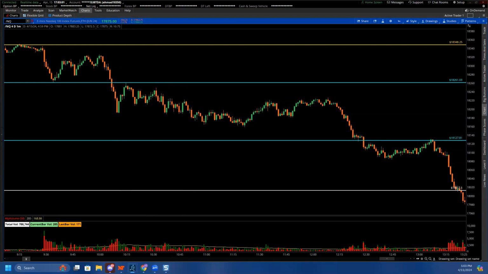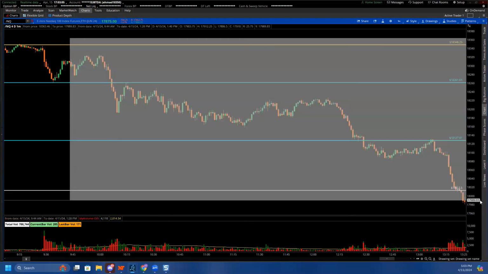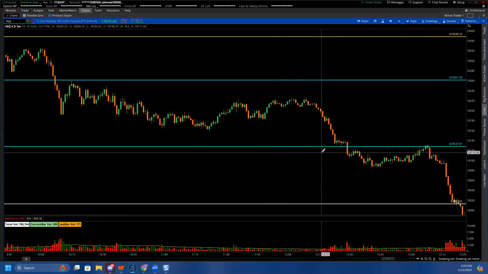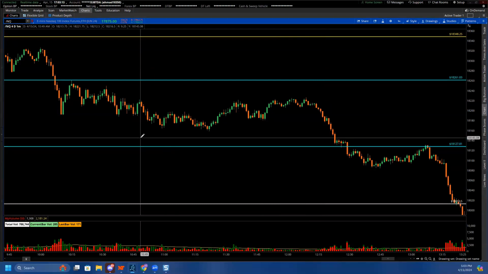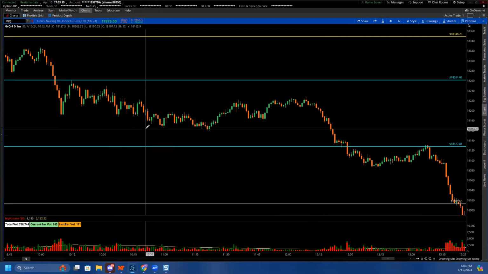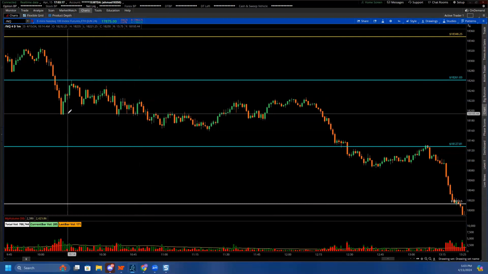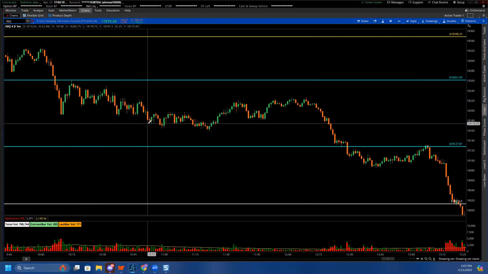So yeah, that's fine. I don't like to wait because I just want to get in and get out at the first touch, based on my observation of these levels. I think first touches work great. If you were to wait for more, it's fine, sometimes it can be a hit or a miss.